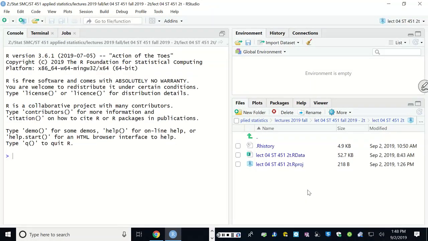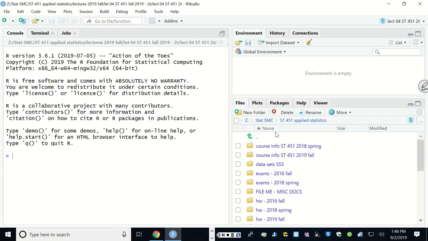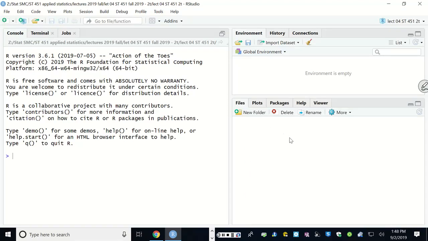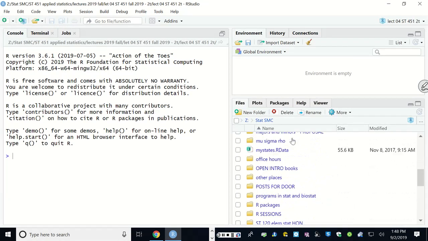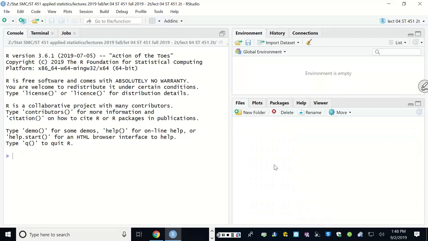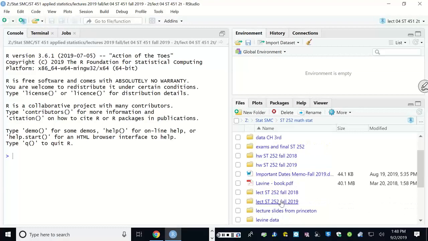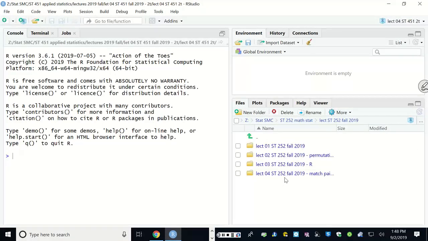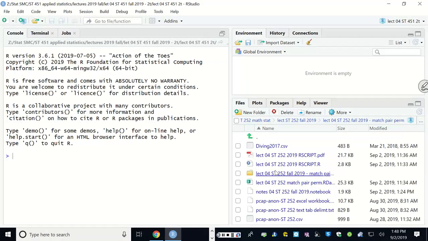I can go down in here, and under the statistics folder for me, I have my 252 directories and some lectures. The fourth one, I want to be in this lecture space, where I have this diving data set and some R scripts.